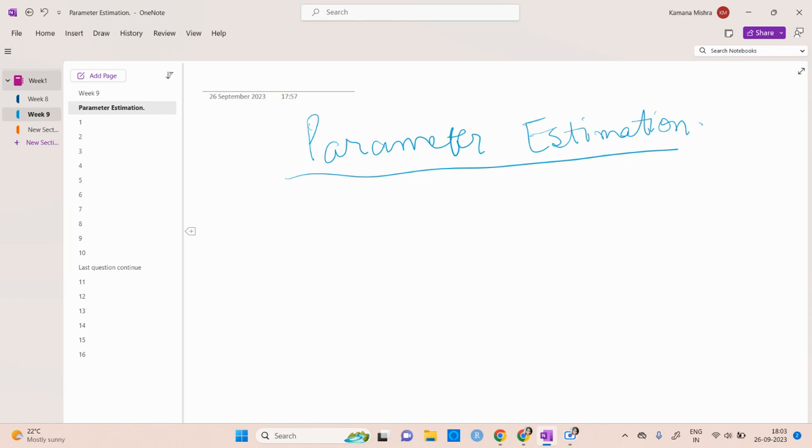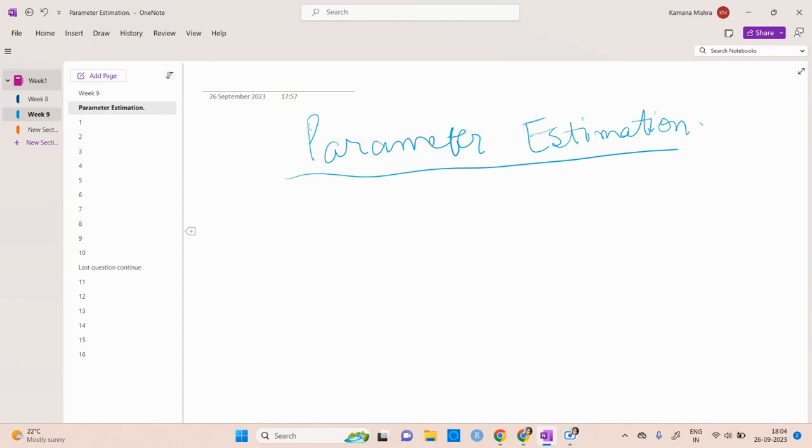It should not happen that one time the expectation is equal to mu, and one time it is less than mu or greater than mu. This is what we call an unbiased estimator.